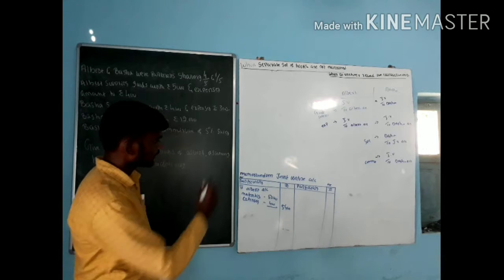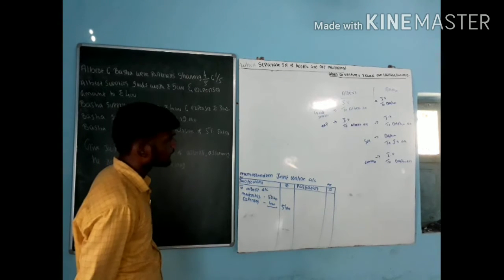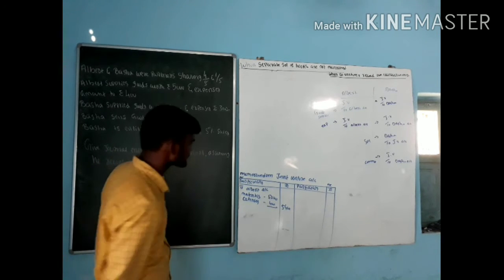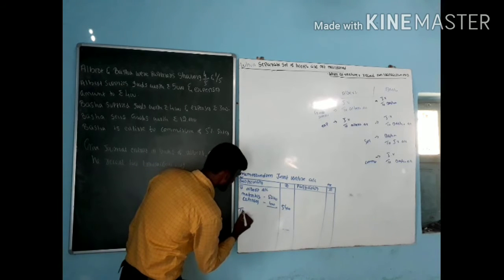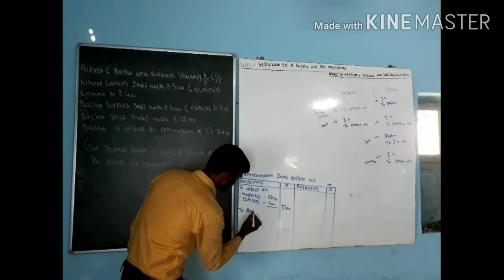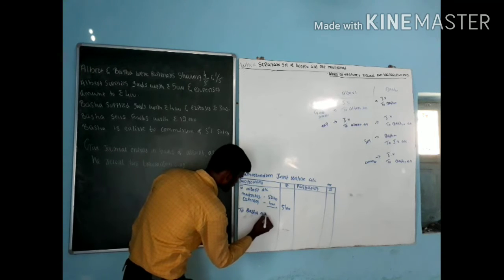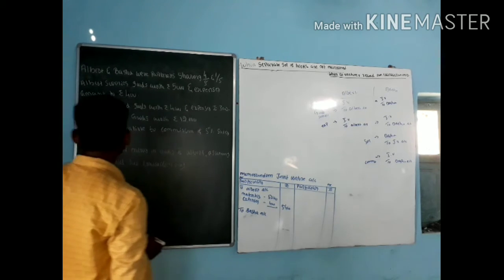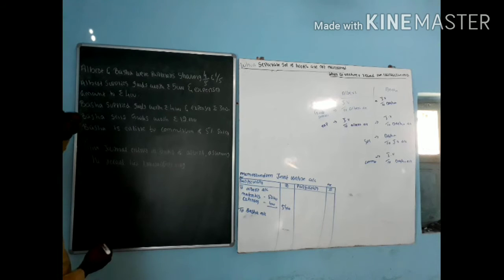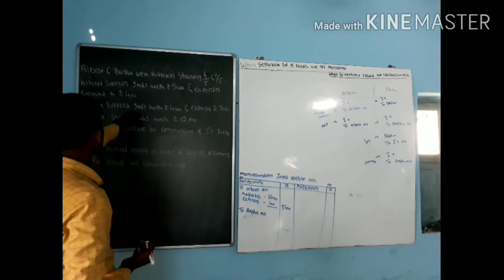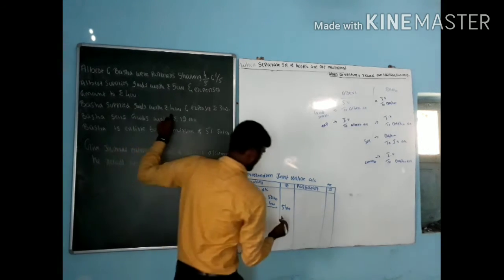Next one, go for Basha. Joint venture account debit to Basha account, for goods. How much did Basha supply? Goods supplied is 4,000.